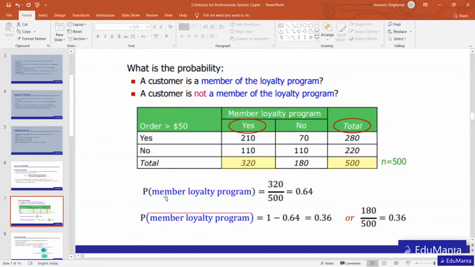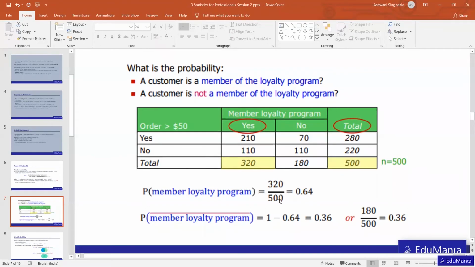So here it's asking what is the proportion of customers who are covered under the loyalty program. The total number of people in the loyalty program is 320, and the total number of customers going into this shop is 500.